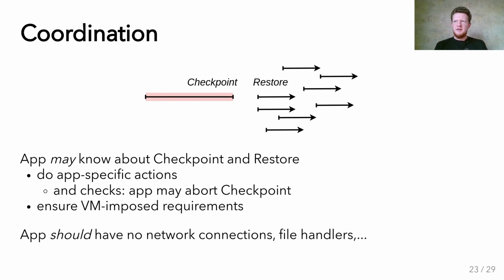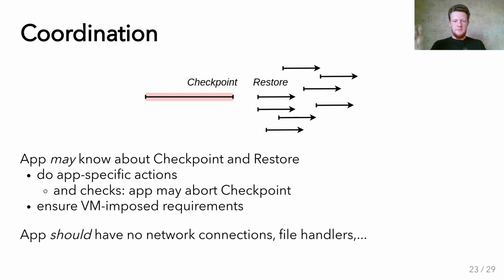Because having this connection, for us it's a kind of link with the external world that we cannot control. And if the application has such a link, it means that something in the external world that we cannot control may change and prevent the application from running correctly on restore.